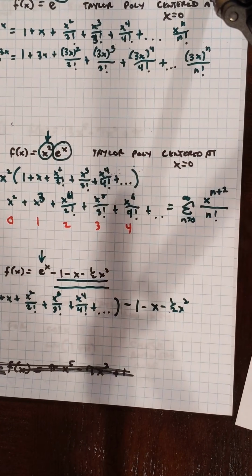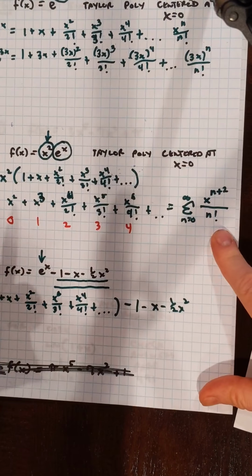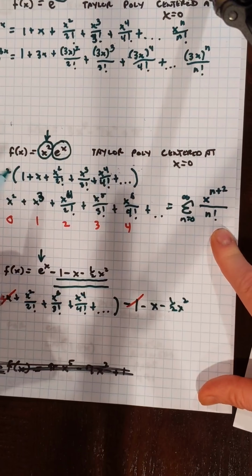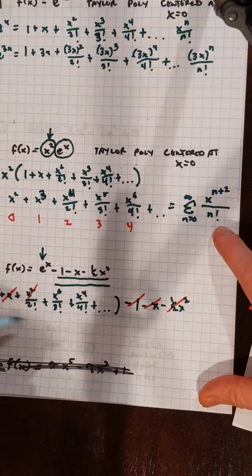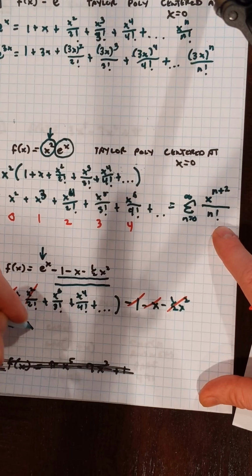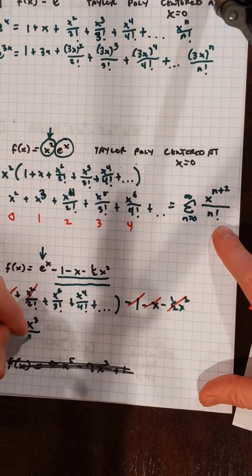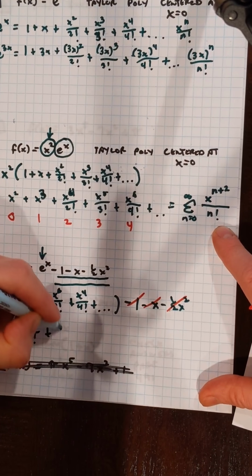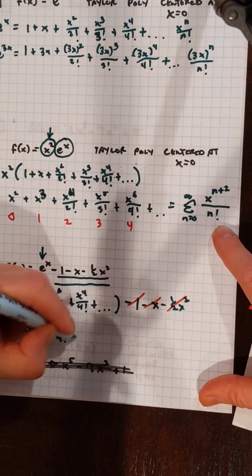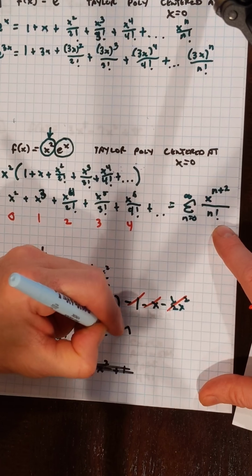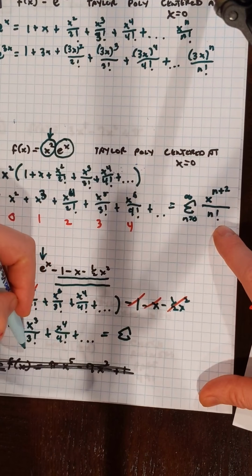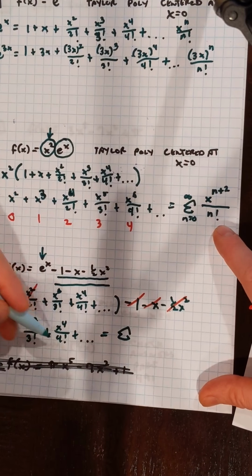Which, if you look at that, that's going to take the 1, take away 1, x take away x, and then x squared over 2 factorial is just over 2, and those cancel, leaving me with a reduced polynomial of x to the 3rd over 3 factorial plus x to the 4 over 4 factorial plus ... Now, if I choose to write this as a series, I can just go ahead and say, I'm going to start with 3's.